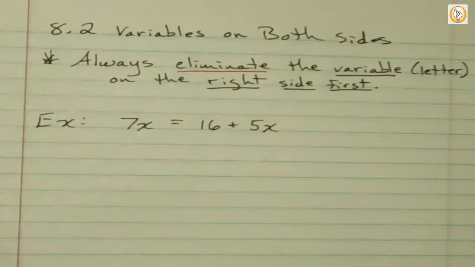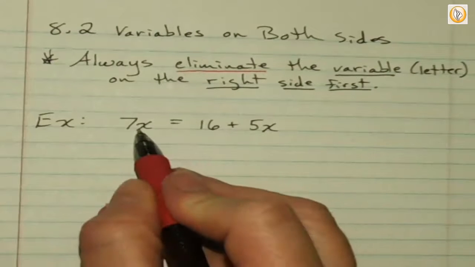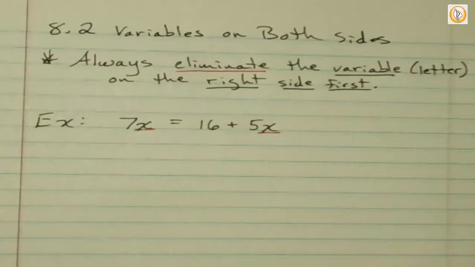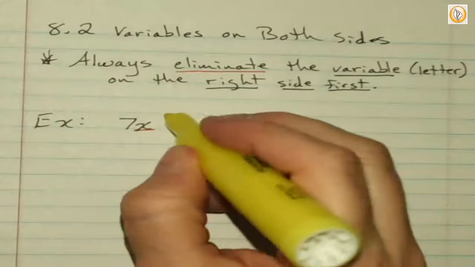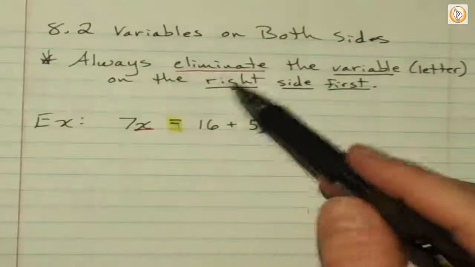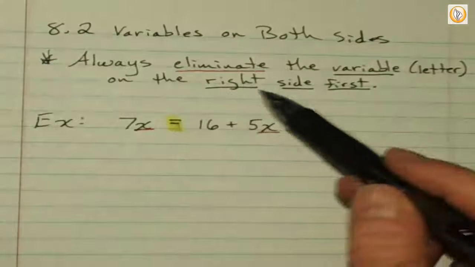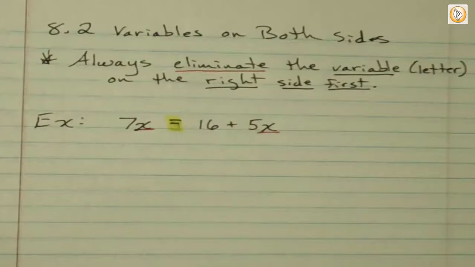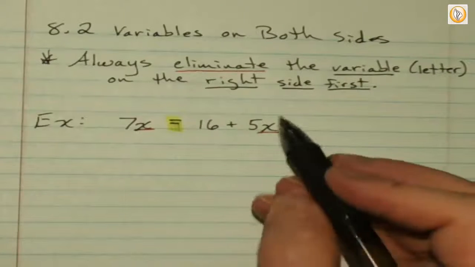Okay, notice we have variables on both sides of the equal sign. There's my equal sign. I have them on both sides. Now, that little tip I gave you, always eliminate the variable on the right side first, they're referring to this right here.